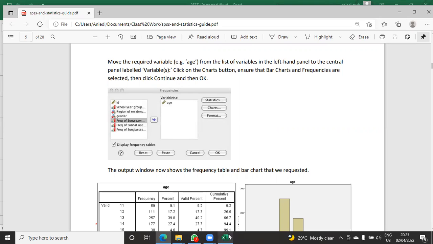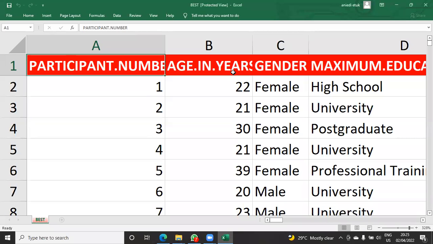A typical example is that we can find the frequency of people who are 22 years old, of people who are 21, of people who are 30. But you can also group them. When you group them, they become this age in years.